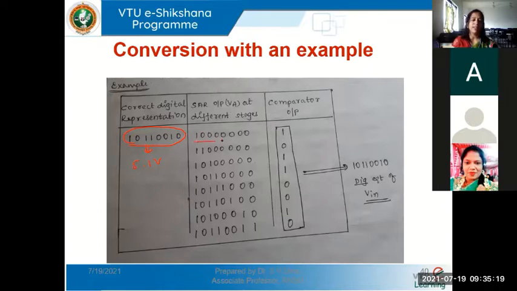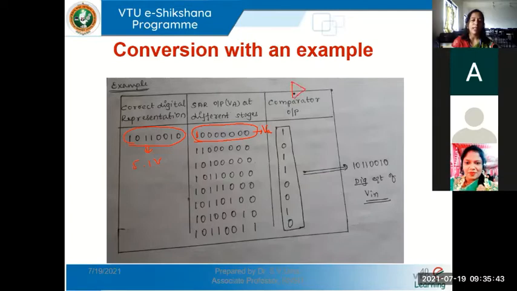The first thing to be done according to the algorithm is to make the MSB bit high. Once you make the MSB bit high, you convert it to an analog value and compare it with the input voltage in the comparator.